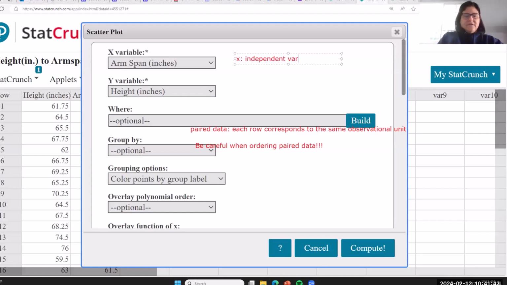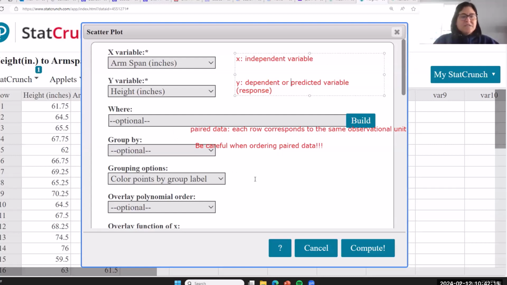And then the Y is what we call the predicted. Sometimes you might hear that called the response variable. Dependent or predicted variable. Okay.